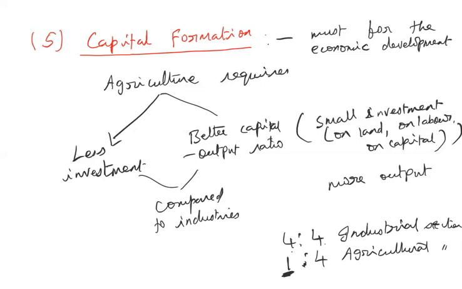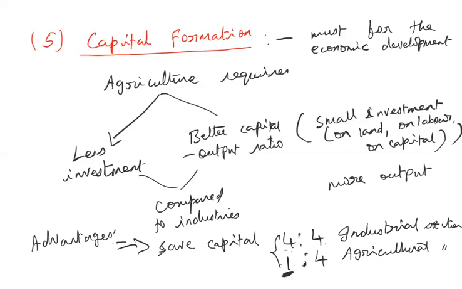So what are the advantages we are getting if we are investing in agriculture? First advantage is, we are able to save capital, isn't it? Anyway, we are all capital scarce countries, so we don't have that much amount of capital.